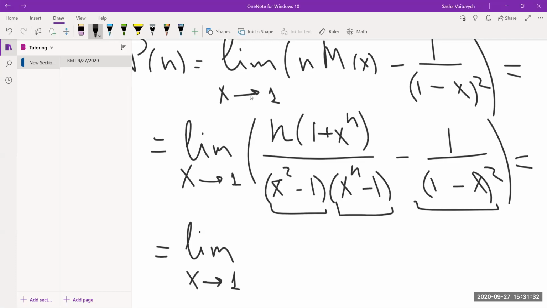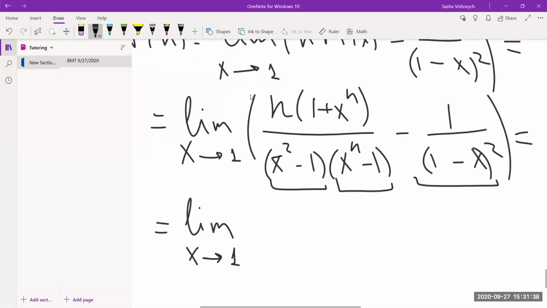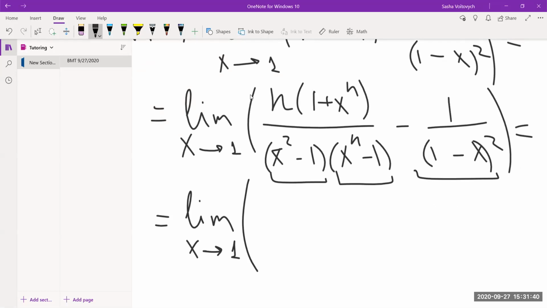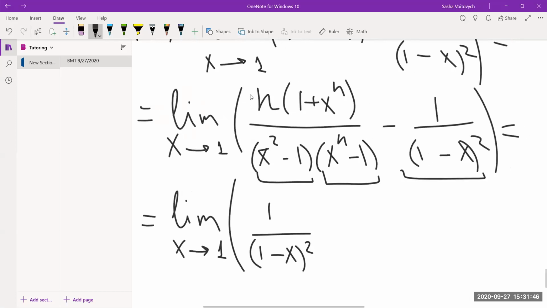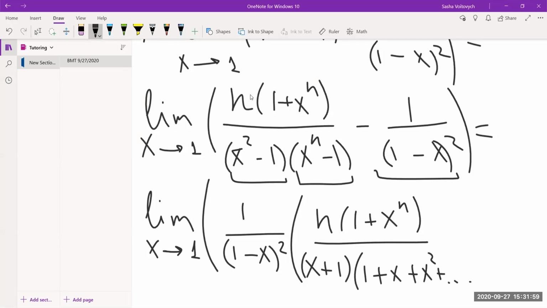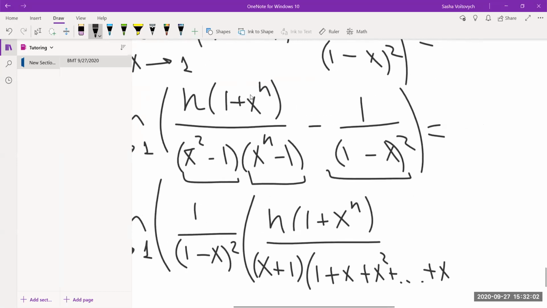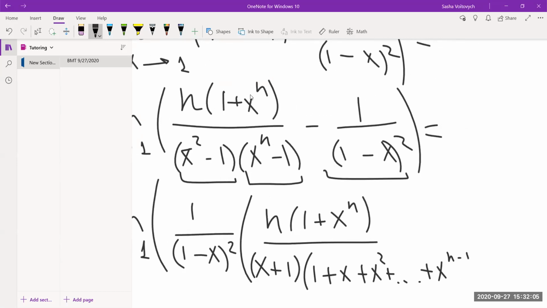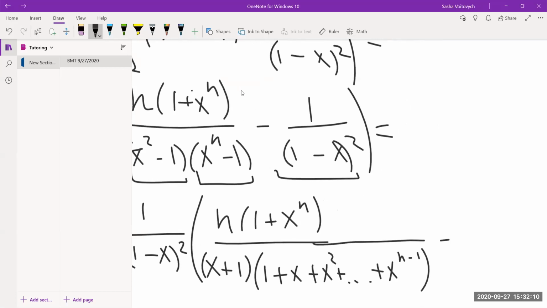So let's factor out x minus 1 from both of them. If we factor out, we'll get x plus 1 here, and we will get the sum 1 plus x plus x squared up to x to the power of n minus 1 here, minus 1.